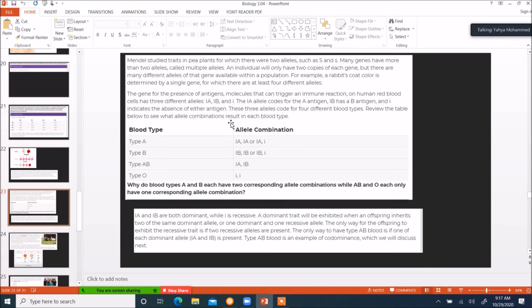In terms of codominance, the typical example that they use is blood type. So what is blood type? You've heard of, for example, type A blood, type B, type AB, type O, right?